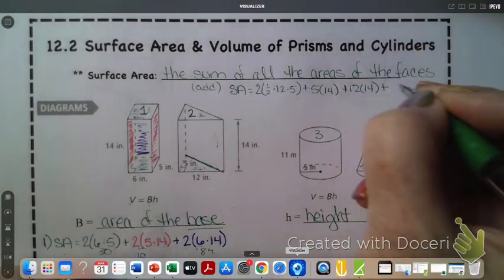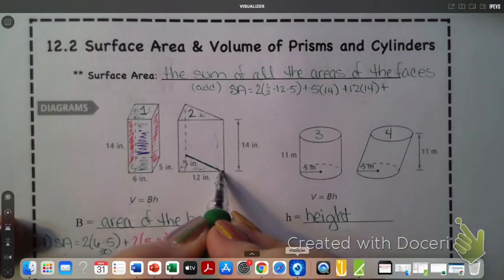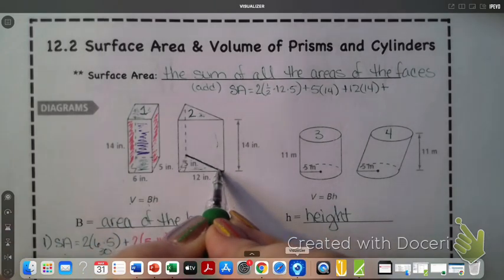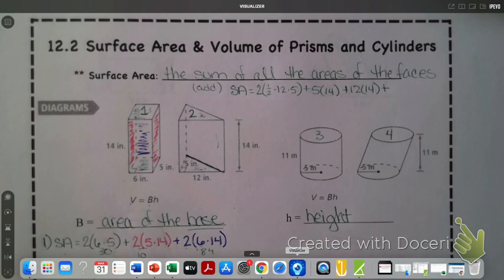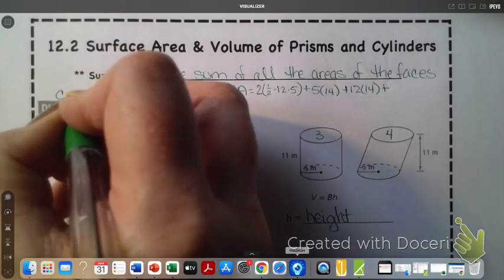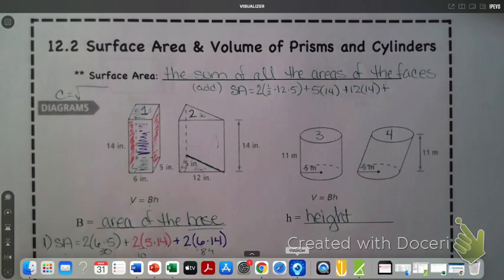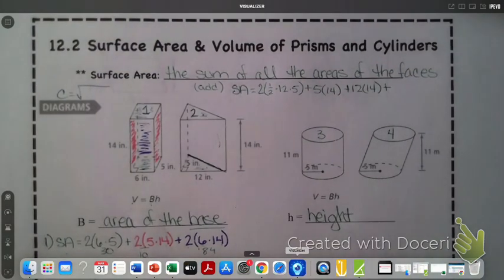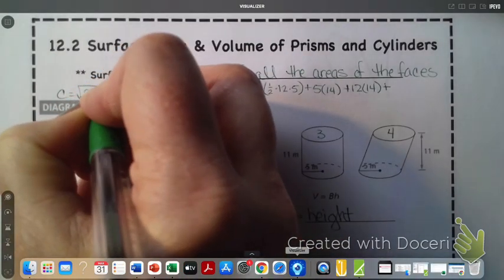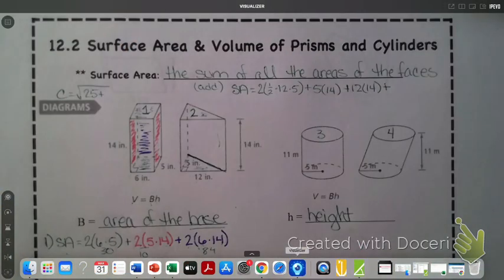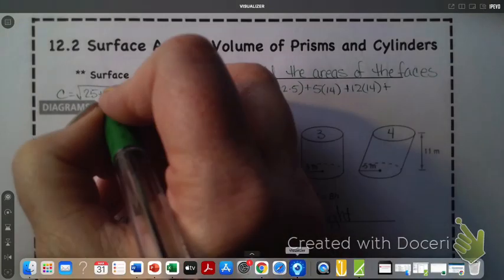Plus, well, we've got to figure out this. I have a right triangle and I need the hypotenuse. What do I need to use? Pythagorean theorem, right? So to find the hypotenuse, it's going to be C equals the square root of leg squared plus leg squared, right? So give me a leg squared. What's one leg? 5 squared is 25 plus the other leg is 144.